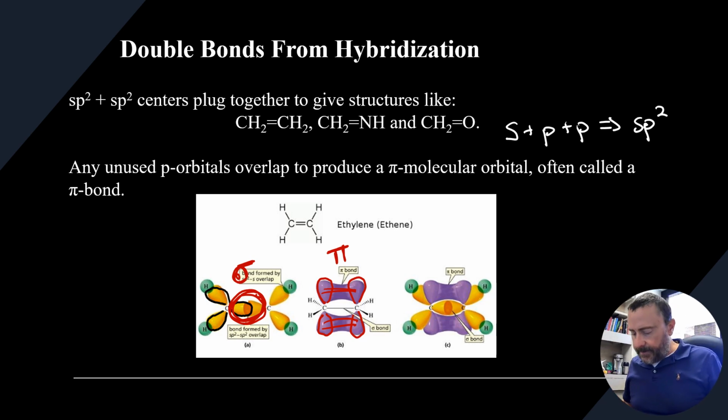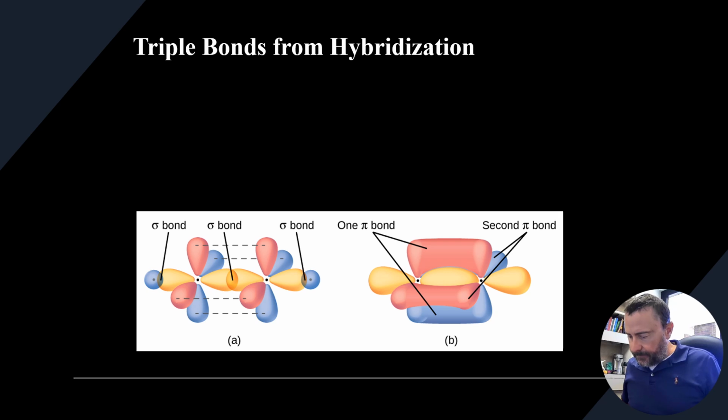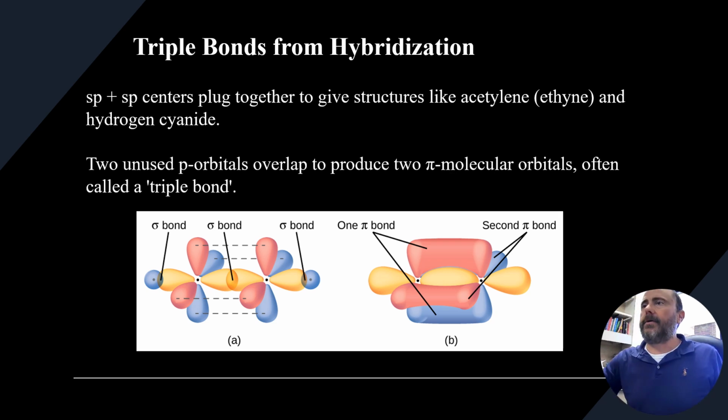Now, sp hybridization usually leads to a linear shape because you're mixing an s and a p, and you get this linear shape associated with it, which is what we saw from that beryllium chloride before.